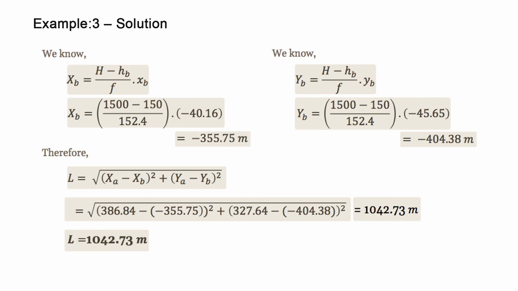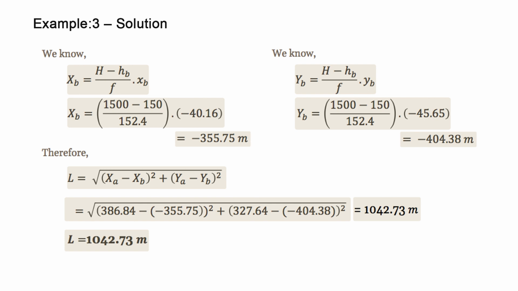There, substituting those values, Xb is equal to (1500 minus 150) by 152.4 into minus 40.16 is equal to minus 355.75 meter. Similarly, Yb is equal to (H minus Hb) by f into yb. Yb is equal to (1500 minus 150) divided by 152.4 into minus 45.65 is equal to minus 404.38 meter.